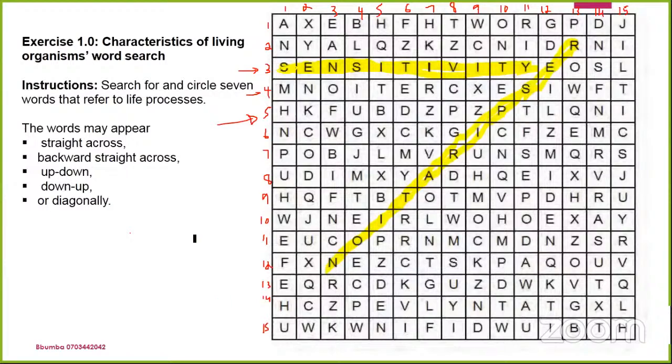Pio. I've seen movement. Where? Column 8. Okay. Column 11.